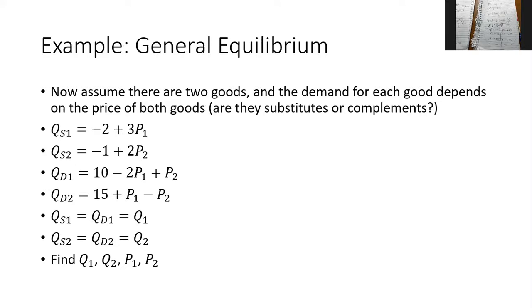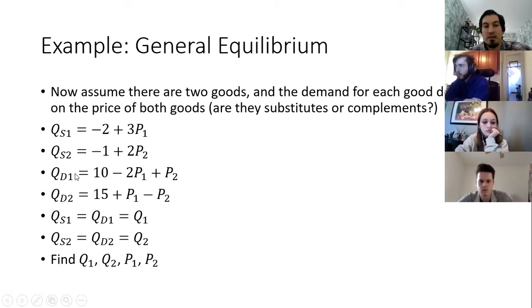So that's why, instead of a partial equilibrium, which is kind of like when you just look at the market for one good in isolation, it's not total general equilibrium, but it's like, assume there's more than one good, there's two goods, and the demand for one good here, Q equals D1, is a function not just of the price of good one, that's what P1 means, but it's also a function of the price of good two. So demand for one depends on the price of good two. And similarly, the demand for good two depends on the price of good one.